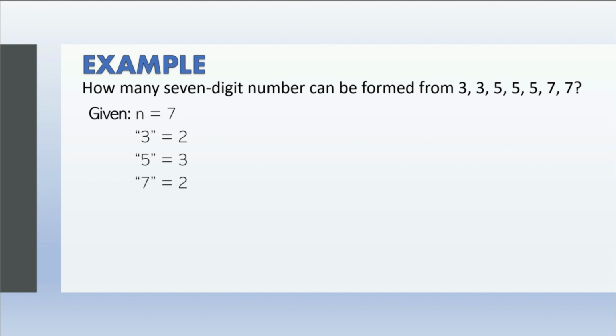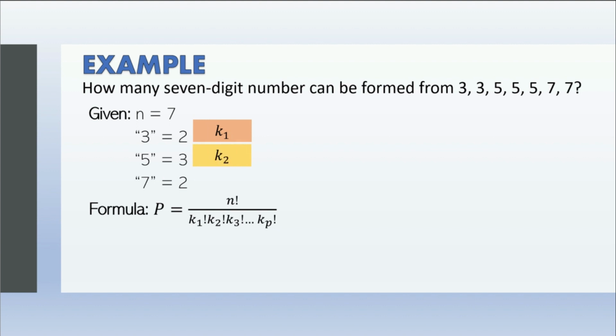And we're going to apply this formula. In the given, 2 is the k sub 1, 3 is the k sub 2, while 2 is the value of k sub 3. Substituting these values now to the formula, we have 7 factorial over 2 factorial multiplied to 3 factorial multiplied to 2 factorial.